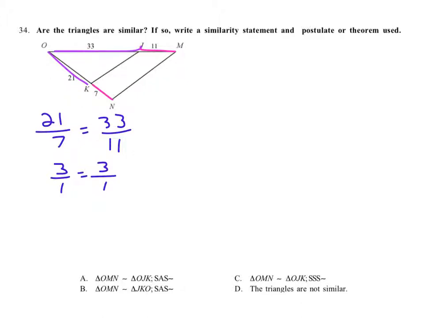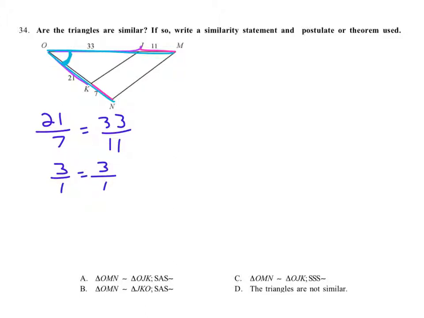So what do we got? Well, this is not necessarily intuitive, but the reason that we're doing that side splitter theorem and the reason that it works is because that's really two triangles sharing a side, like that. Sharing an angle, like that. Okay, so we have side, angle, side.